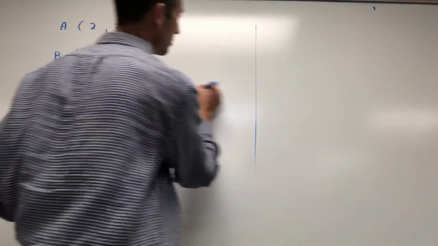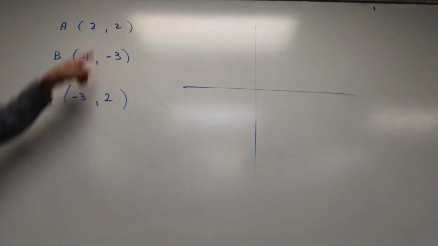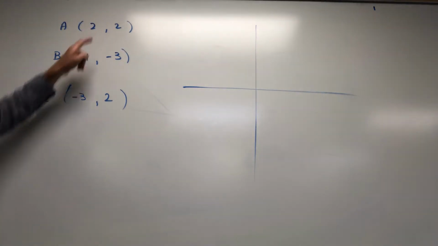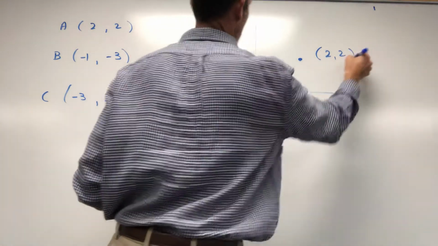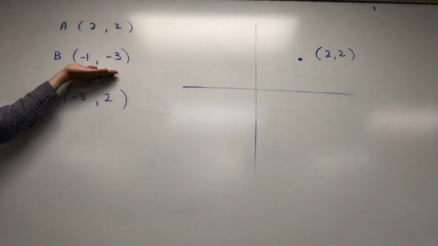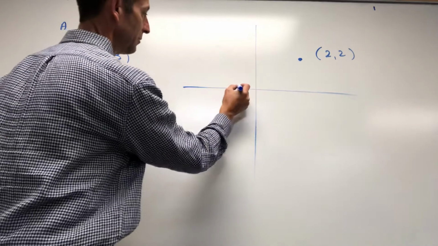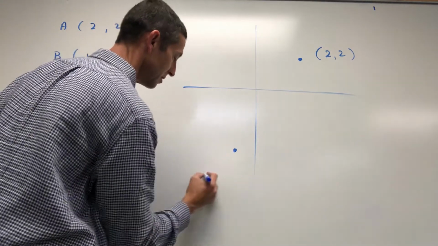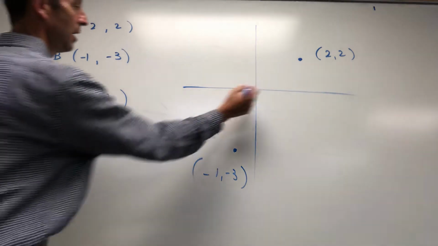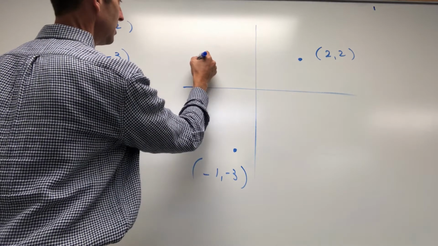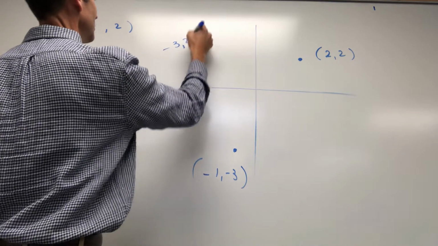You can sketch a little graph of this and just plot the points real quick. (2, 2), so right 2, up 2. There's (2, 2). (-1, -3), so you go left 1, down 3. And then (-3, 2), to the left 3, up 2, about right there.